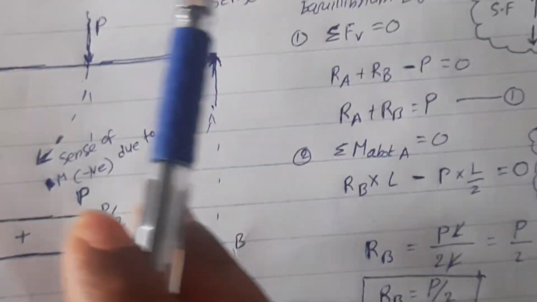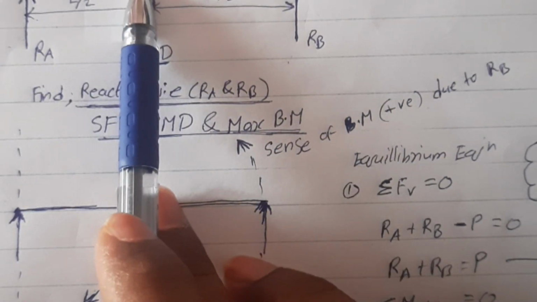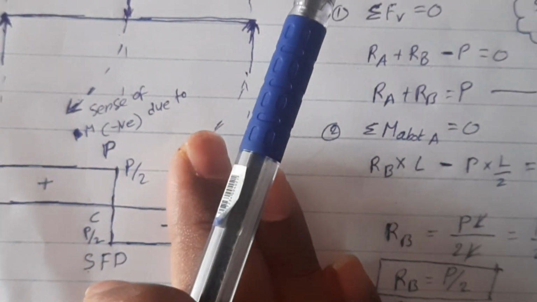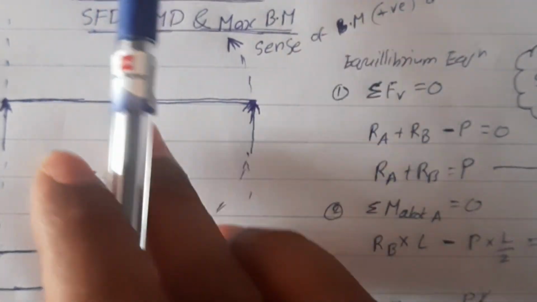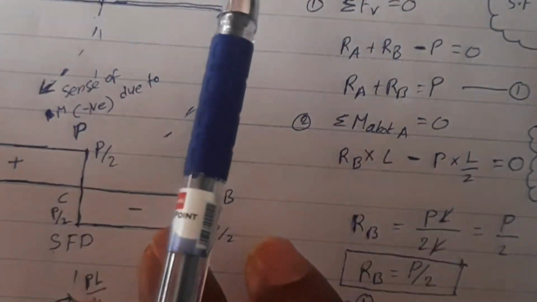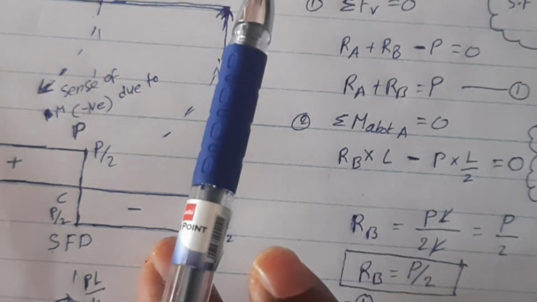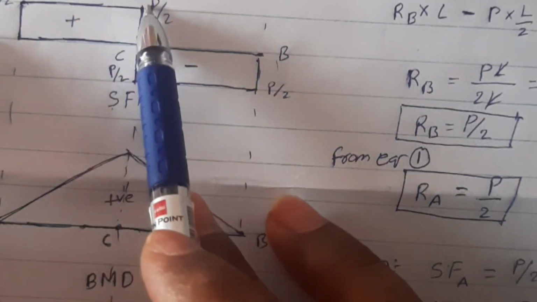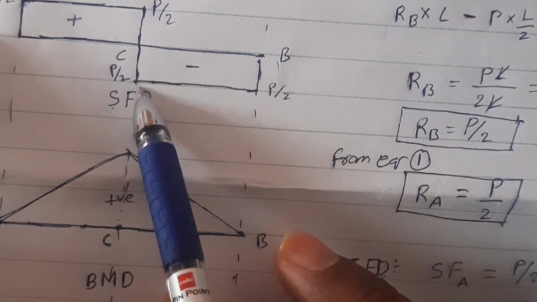Here at point C, a load with a magnitude of P is acting in the downward direction. I take, at the section, left hand side downward as negative and upward as positive. So the magnitude of P acting downwards gives P by 2 and minus P by 2.